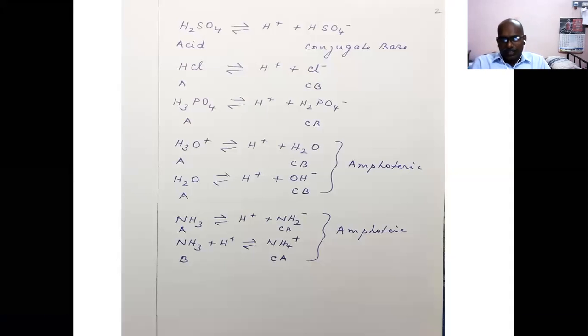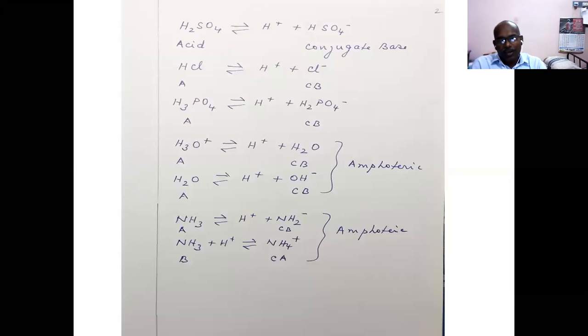So this is what we discussed in the last class. If you take sulfuric acid, when it loses one proton and HSO4 minus is formed, if you look in the reverse order, HSO4 minus is a proton acceptor, and it accepts the proton and becomes H2SO4. Therefore, HSO4 minus is a conjugate base.